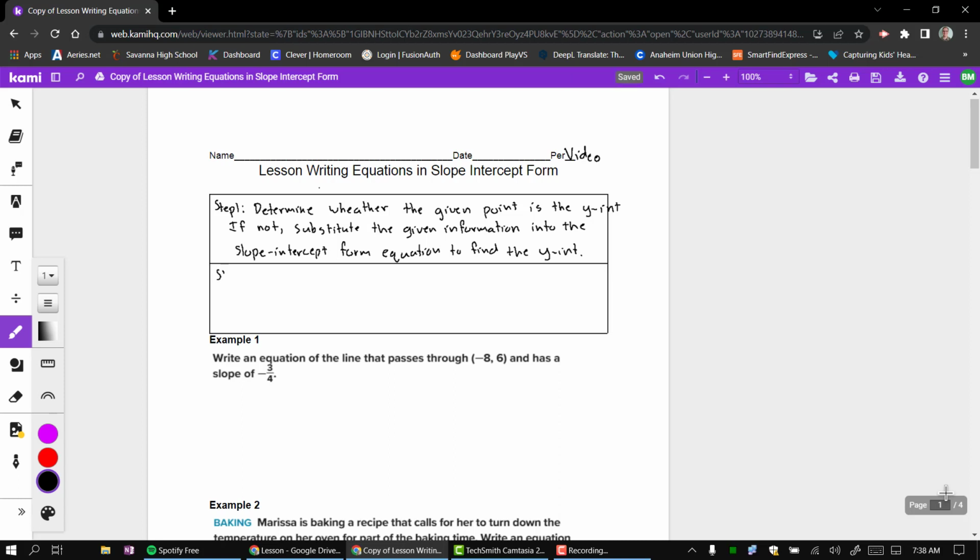And then step two, use the given slope and y-intercept you found in step one to write the equation of the line in slope-intercept form.